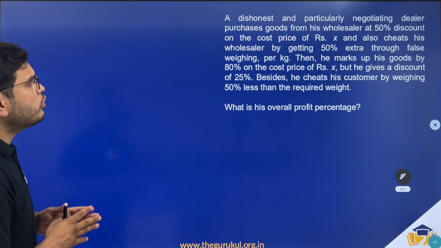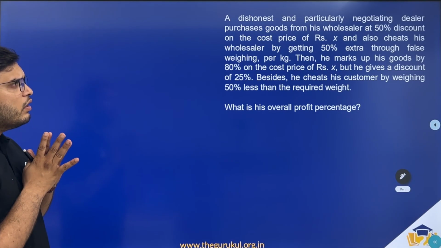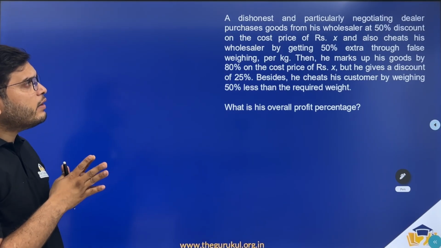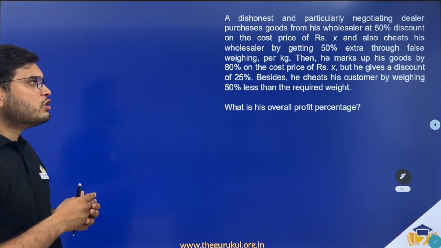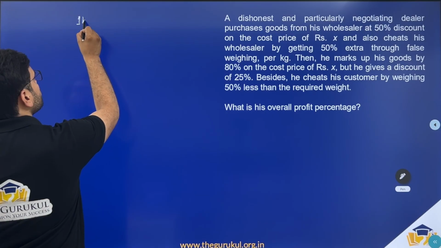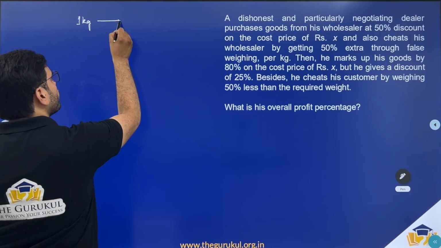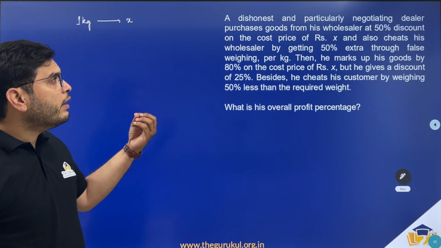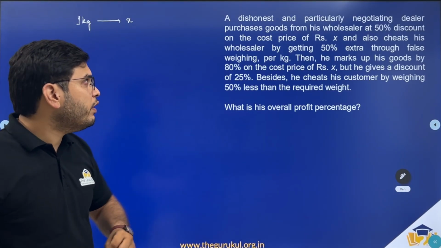Now coming to the first question, a dishonest and a particularly negotiating dealer purchases goods from his wholesaler at 50% discount on the cost price of rupees X. So let me consider the cost price of 1 kg of goods is X rupees, and he purchases them at 50% discount.